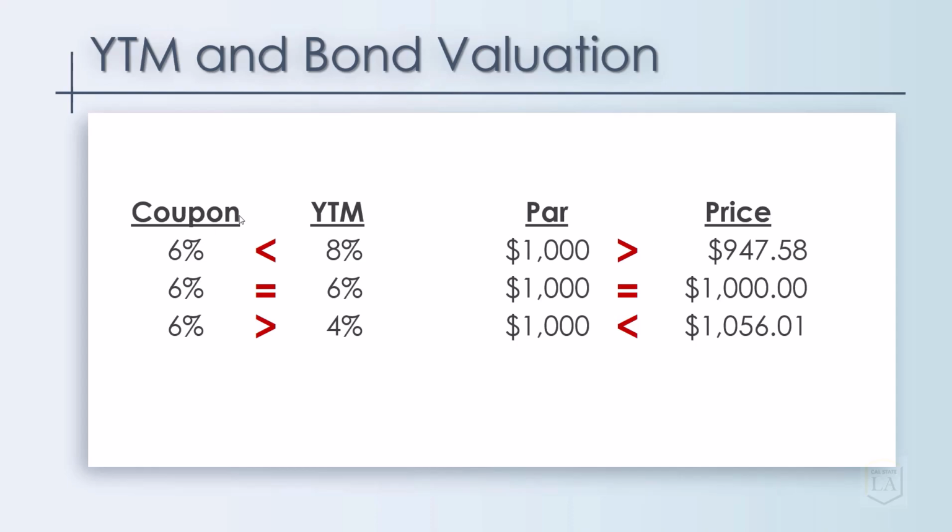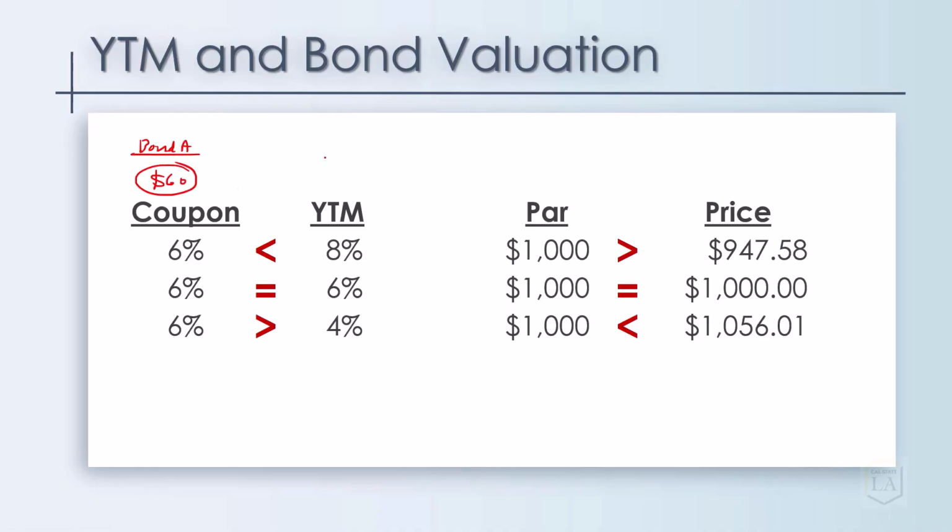Supposedly, let's say the coupon rate is 6%, as in this case. What that means is, if you invested in a bond with a par value of $1,000 with a coupon rate of 6%, then your coupon payment from this bond, say bond A, would be $60.